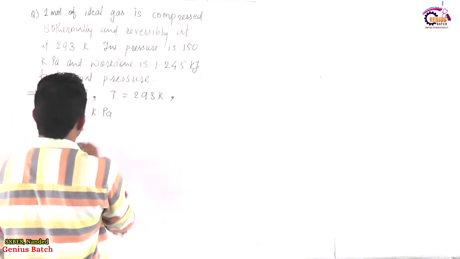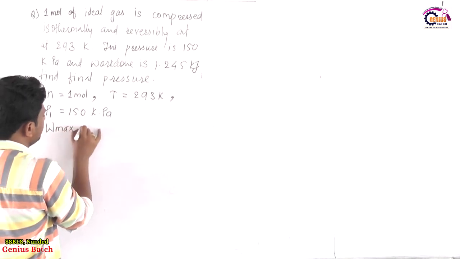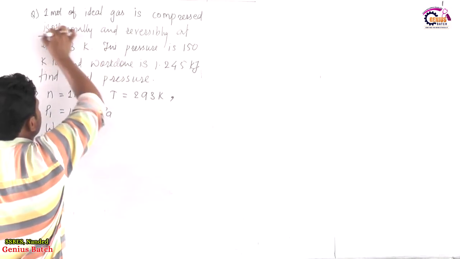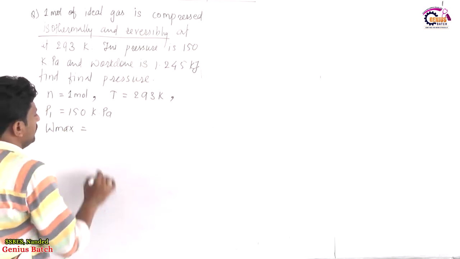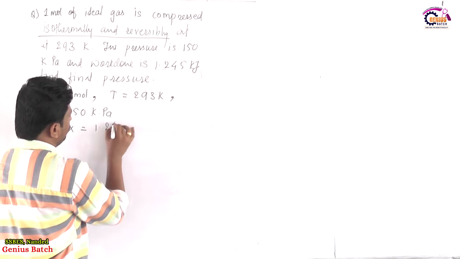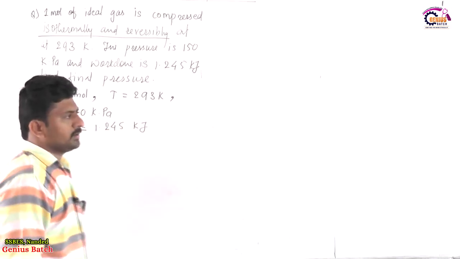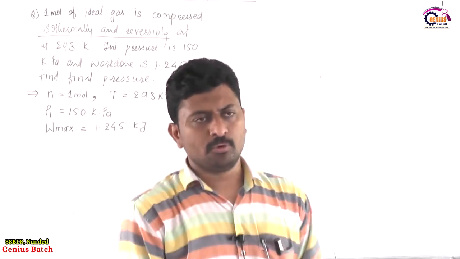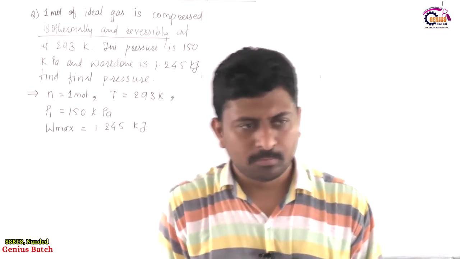Now this work done is a W max. Why? Because process is isothermal and reversible, and it is 1.245 kilojoule.